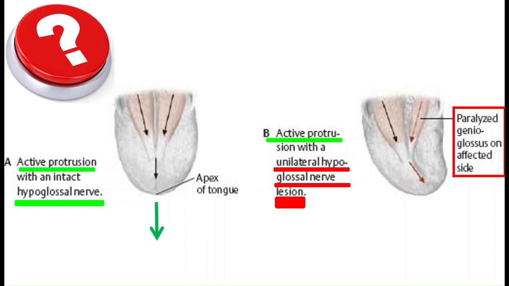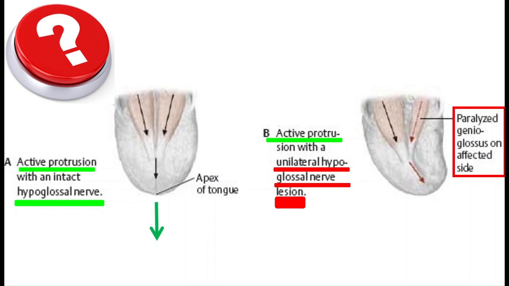In this tongue, the right genioglossus muscle is working all right, and it attempts to protrude the tongue. The left genioglossus muscle is not working, therefore it does not balance the right one.